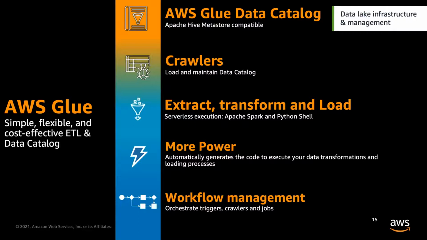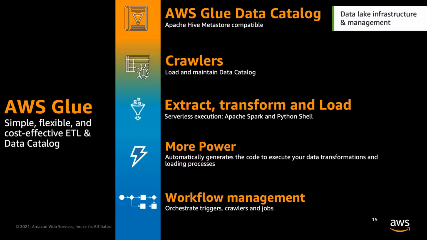You would then deploy this into a job, and Glue uses a serverless execution model. You can either use a fully managed Apache Spark environment, or a fully managed Python shell environment for simpler jobs. You can have multiple jobs in your data pipeline and connect those jobs together in a workflow. There's another feature that Glue provides, which is workflow management, and this only works with Glue-based jobs.